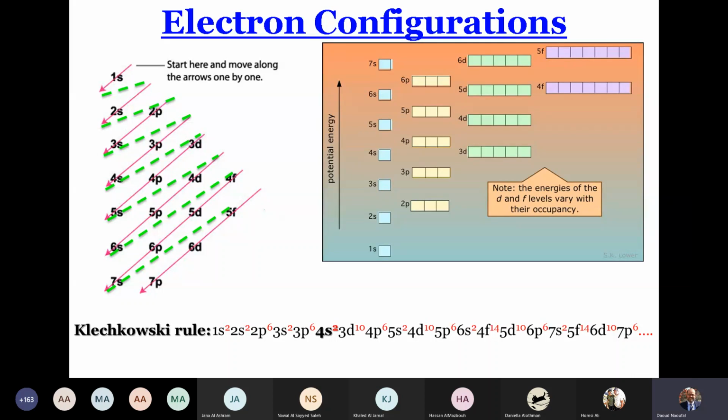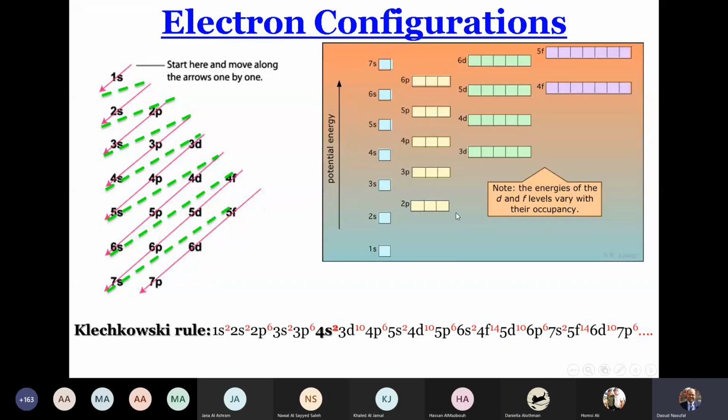We need 6 electrons, so we end with 3d6. This is the electronic configuration of Fe56, according to Klechkovsky.